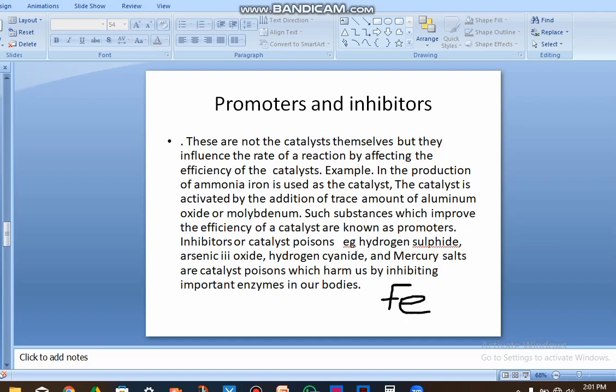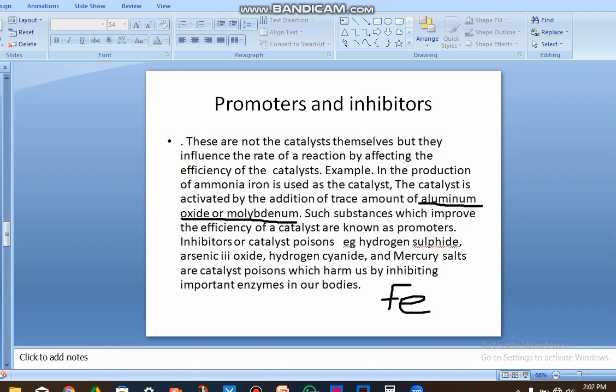Let's continue. The catalyst is activated by the addition of a trace amount of aluminum oxide or molybdenum. Take note of this: aluminum oxide or molybdenum.